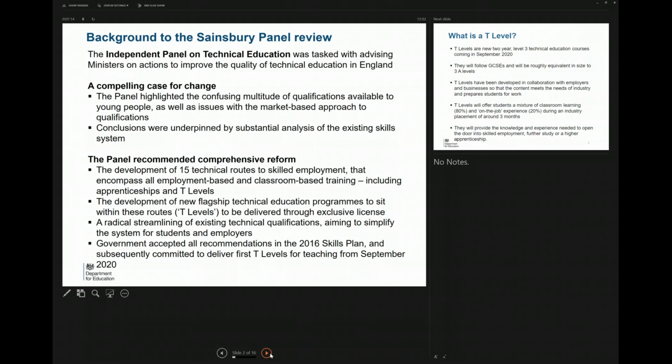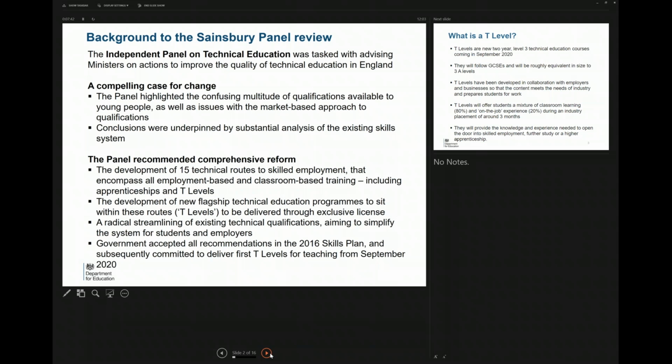In particular, they highlighted the confusing range of thousands and thousands of qualifications currently available to young people, as well as issues with the quality of some of those qualifications, which had increasingly become out of date, and issues with currency and whether employers were finding young people coming out with the skills that they needed to move successfully into the workplace.